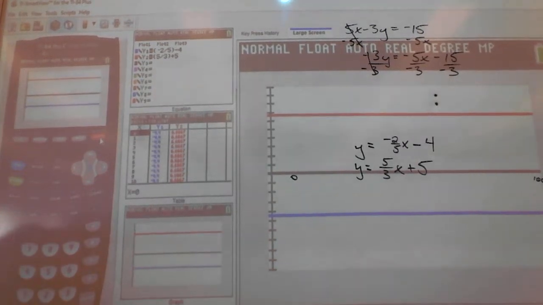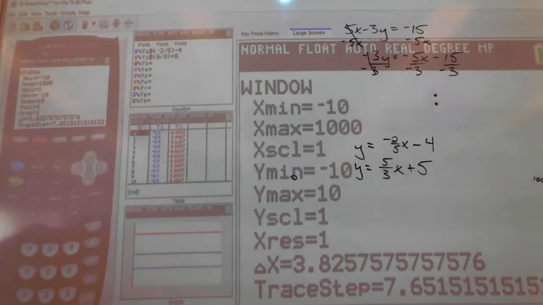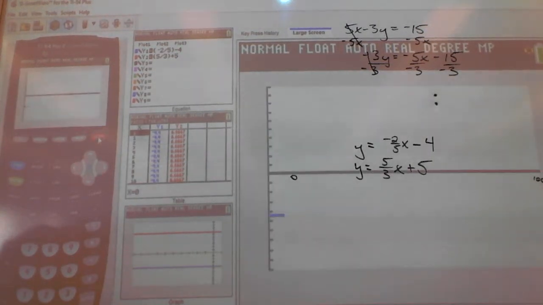Okay, so we're going to go back to our window and we're going to make our x max really big. We're going to make it 10,000. And we're going to press graph again. Oh, good Lord.